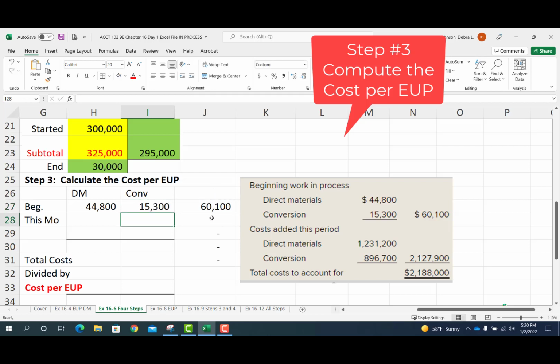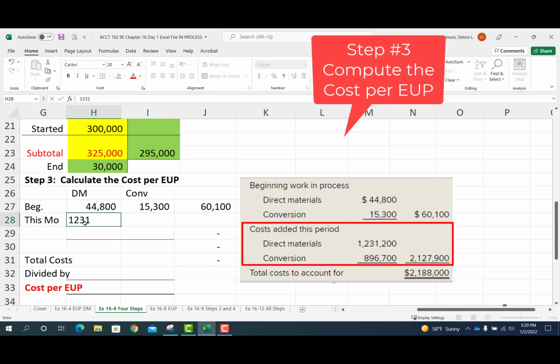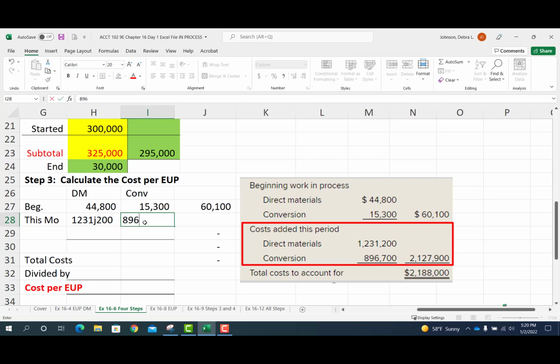So this is the cost that came along with the units uncompleted from the previous month. In addition to that, this month they incurred additional costs of 1,231,200 in materials and 896,700 in conversion costs. Let me add those up, double check our math.